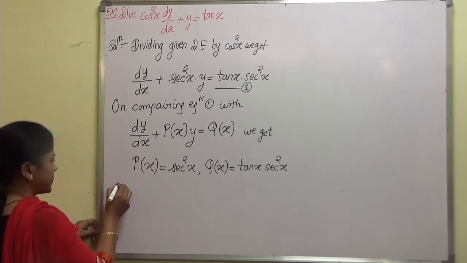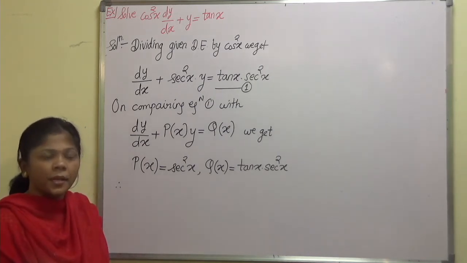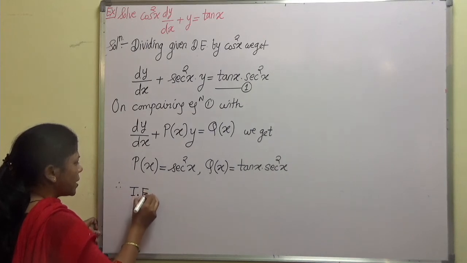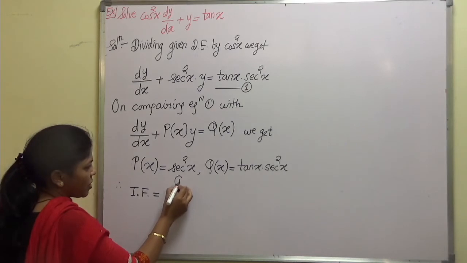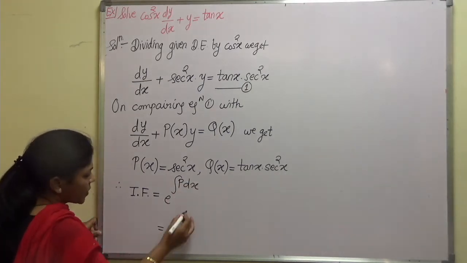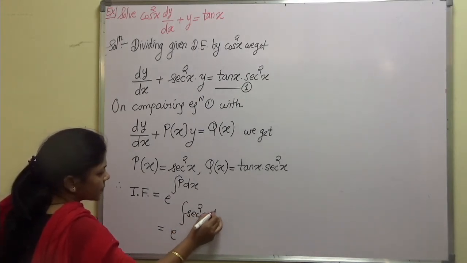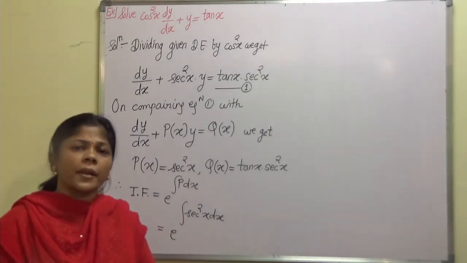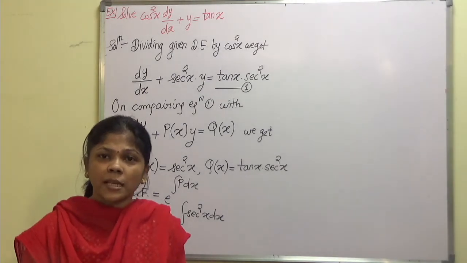Now we can find out the next step. The second step is to find the integrating factor. The integrating factor is equal to e raised to power integration of p with respect to x. Just substitute p, so it is integration of sec square x. Now what is the integration of sec square x? What is the function whose derivative is sec square x?